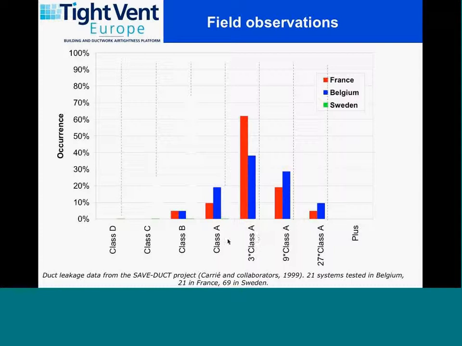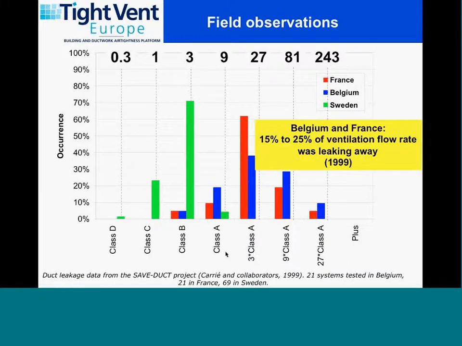So we had to make those classes that are 3 times class A, 9 times class A, etc., with the same logic as the previous ones, in order to be able to show them on a single graph. And also what is striking is, of course, the difference with the situation in Sweden, where you see that a lot of systems are class B in the sample that we have chosen. And we have a significant fraction also that are class C or even class D.